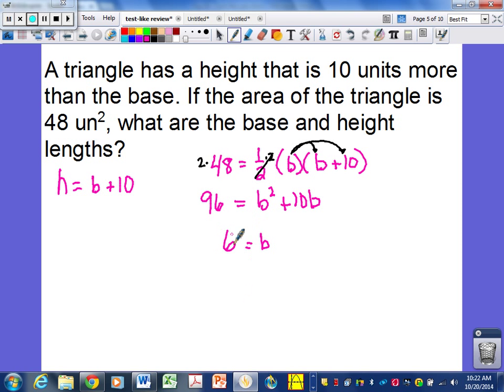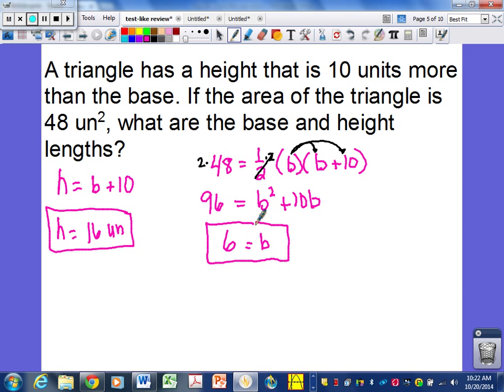Awesome, we have a base of 6 units, which means we have a height of 16 units, just to be sure. Okay, so make sure you are filling in all the information that you are asked for. Here we want the base and the height. One is 6, one is 16. So when we have a quadratic, you can solve it by using the y equals button on your calculator. It's a very nice, easy way to do it, especially when it's got pretty numbers and it is factorable.